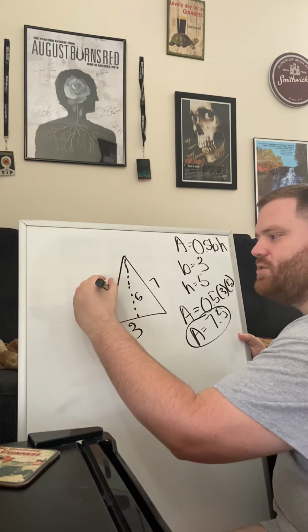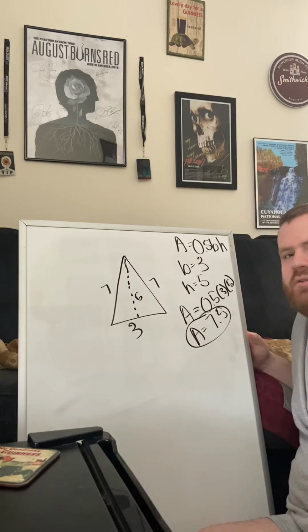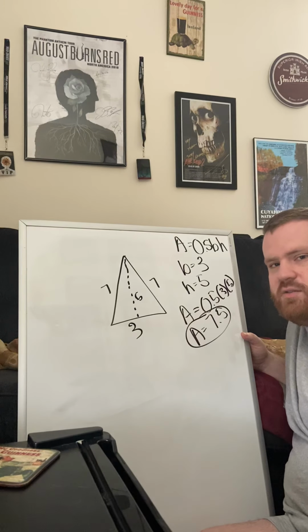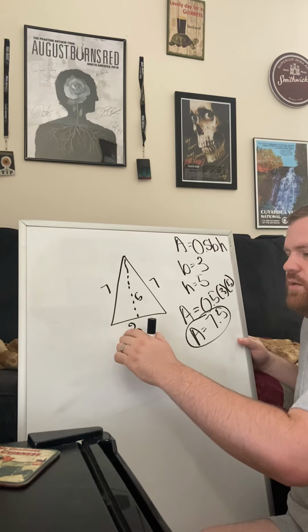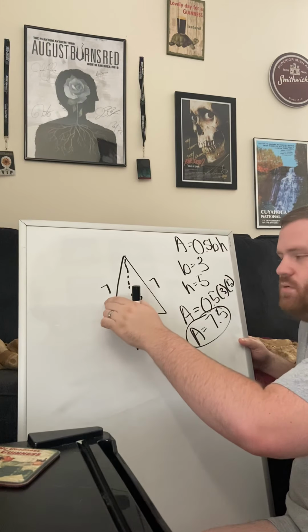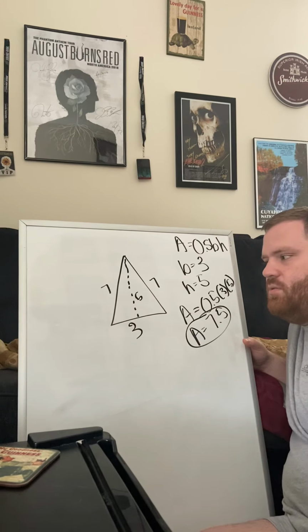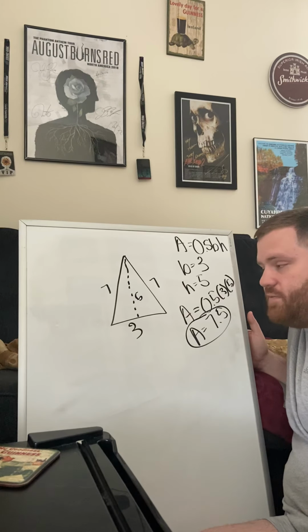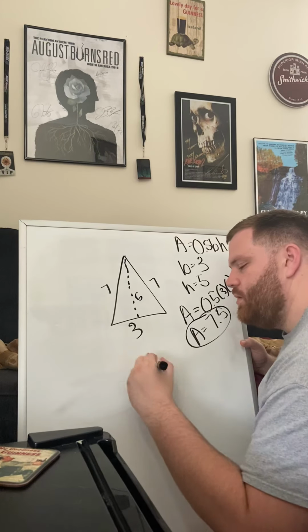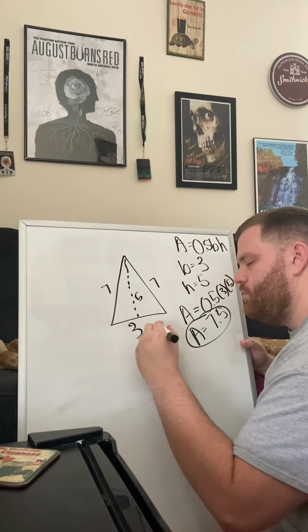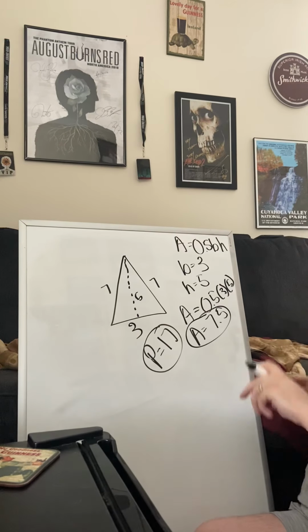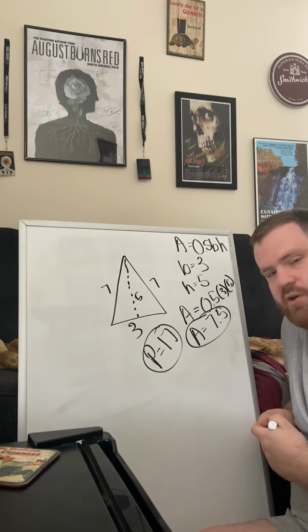This side is also going to be 7. This triangle has 2 equal sides. Okay? So I do 3 plus 7 plus 7, which is 17. So my perimeter would be 17.